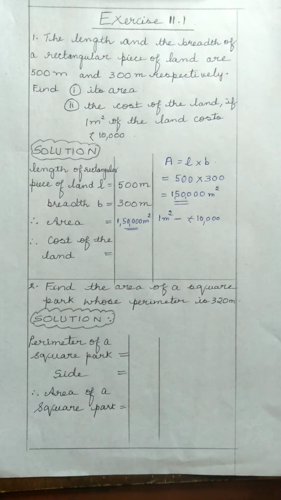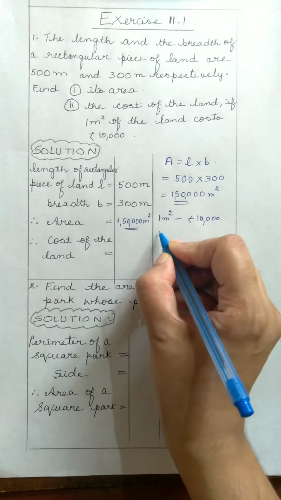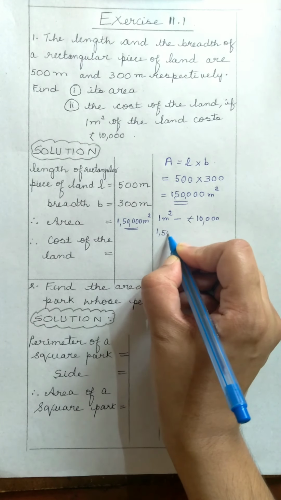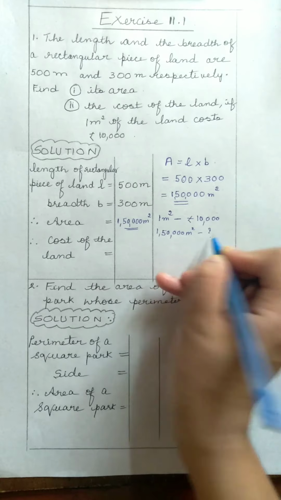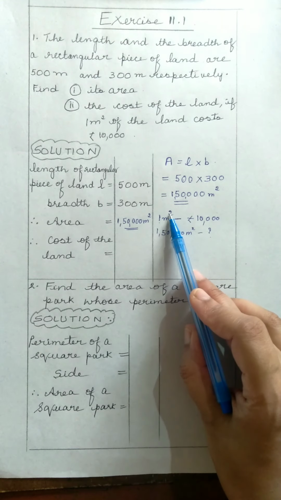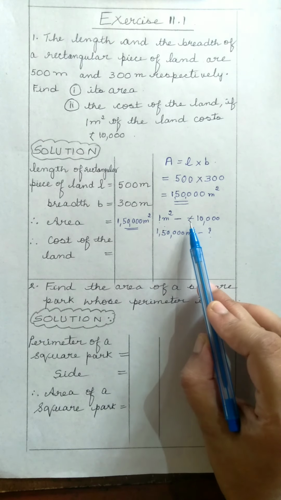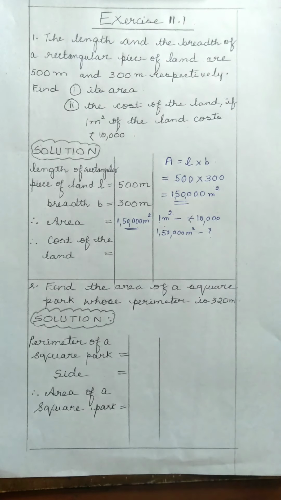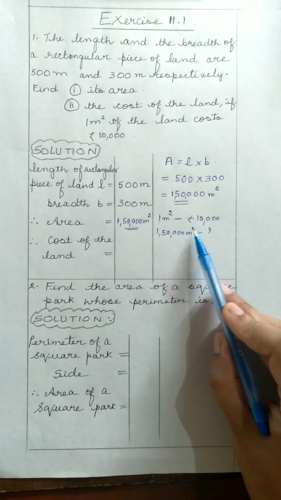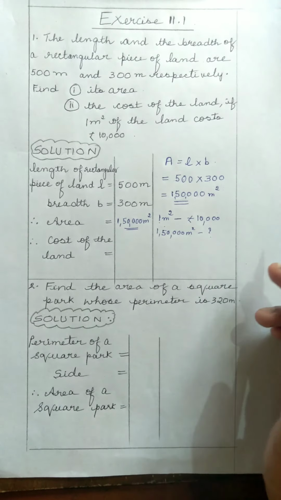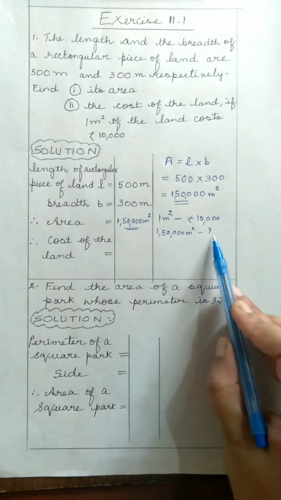Now we have to find out what is the cost of 1,50,000 meter square land. It is the question mark. So, 1 meter square area costs rupees 10,000. Now we have to calculate, for 1,50,000 meter square area, what is the cost? So, this is the method.